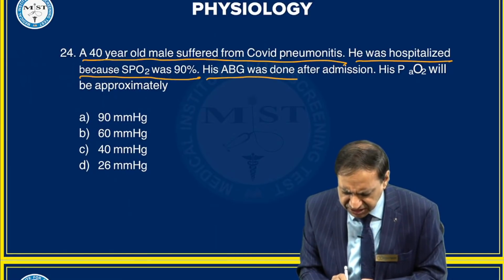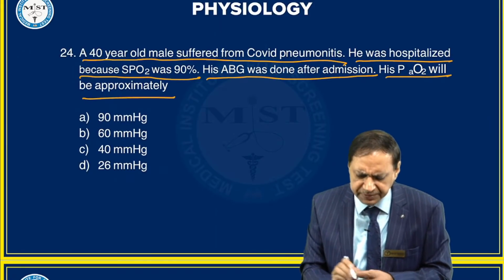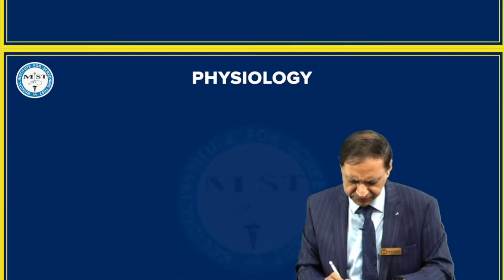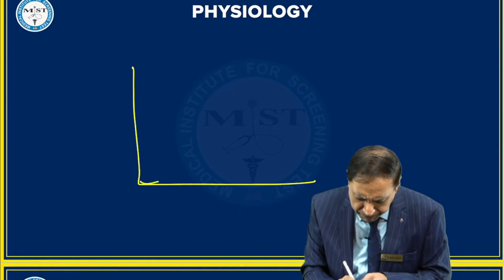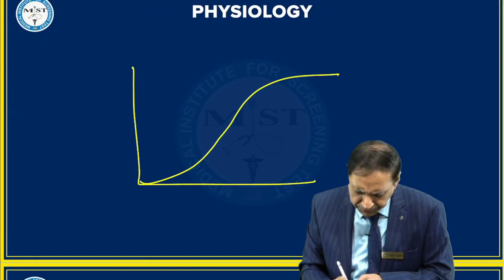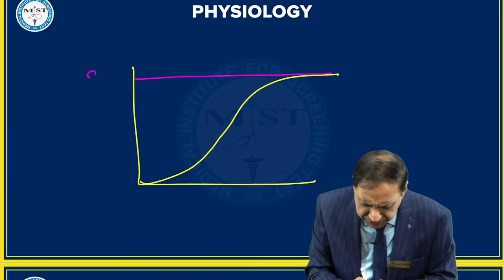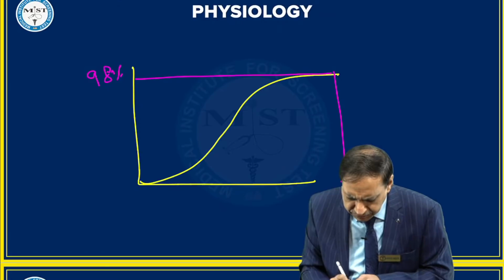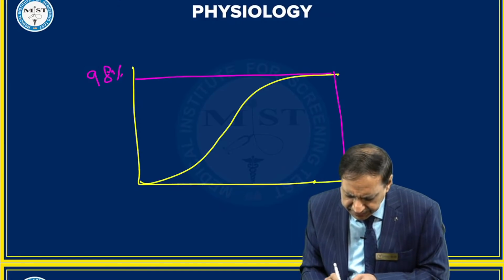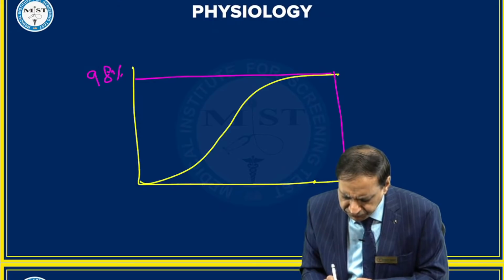His ABG was done after admission. His PaO2 will be approximately, you see the curve. This is the normal oxygen saturation, 98%. This may be at, say, 95 millimeter of mercury.